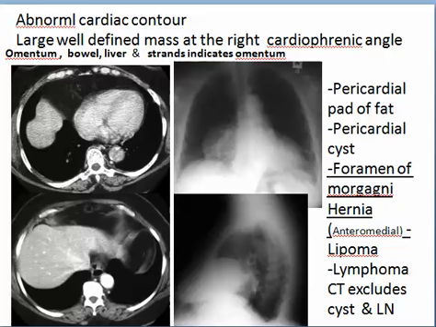This is a large, well-defined mass at the right cardiophrenic angle. The differential is big. It could be a pericardial bed of fat, a foramen of Morgagni hernia, a cyst, lipoma, or lymphoma. Of course, CT will exclude lymph nodes and cysts.